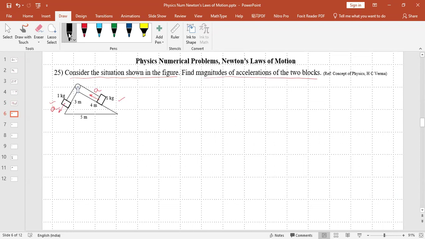So what do you do? Let's once again name them. Let's name them body A, and this is body B. Let us say this is body A, which is on an inclined plane.